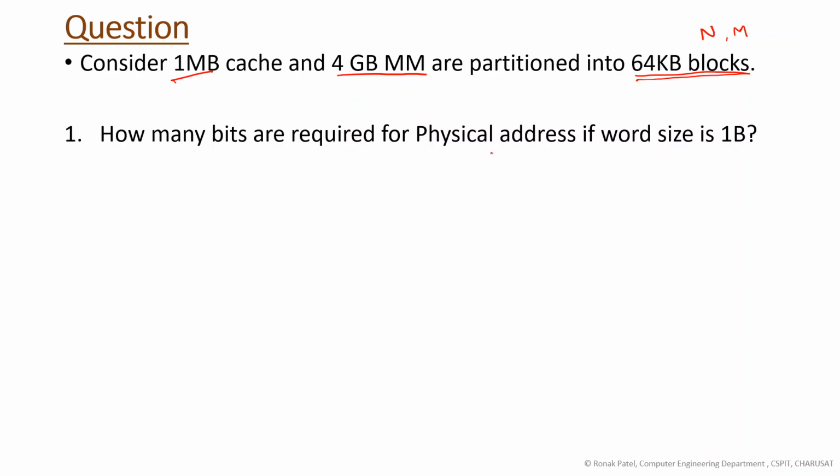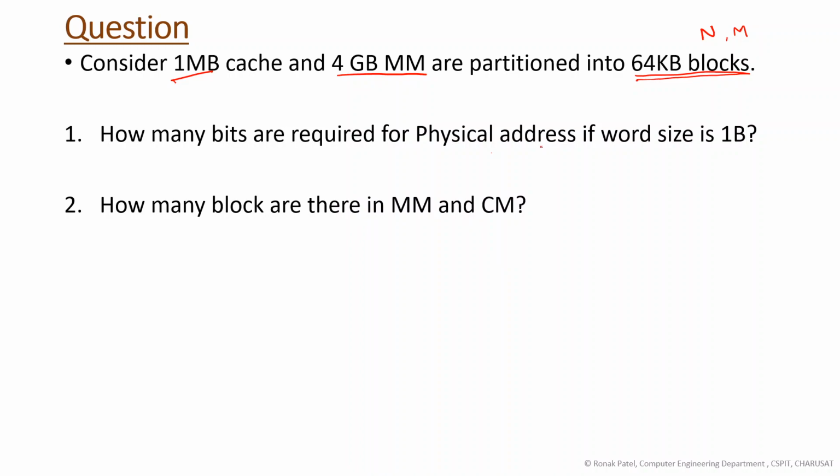How many bits are required for the physical address if the word size is 1 byte? The physical address deals with your main memory, so you need to check how many words are there in your main memory, and based on that you can find the physical address.